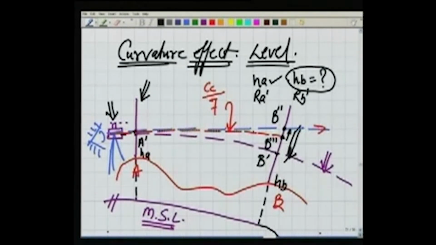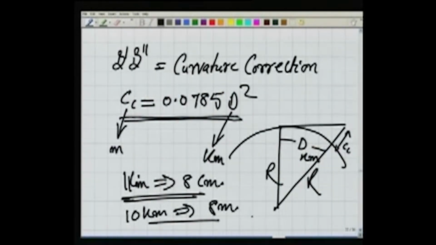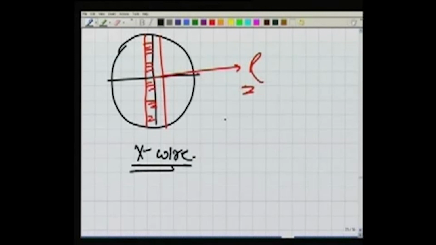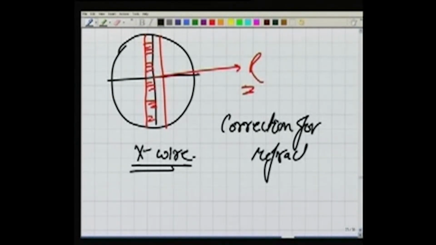And as we know, the curvature of this is 1/7 of the curvature of the earth. So similarly, as we found the correction for curvature, we can also find the correction for refraction, and that we write as CR, that is correction due to curvature divided by 7.